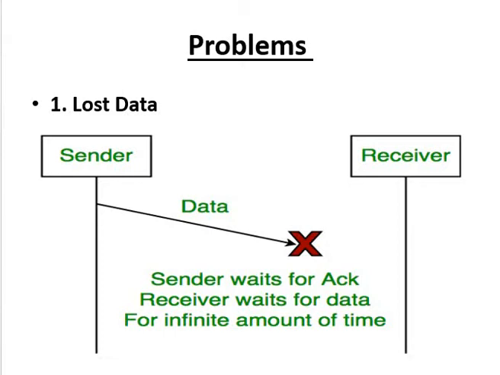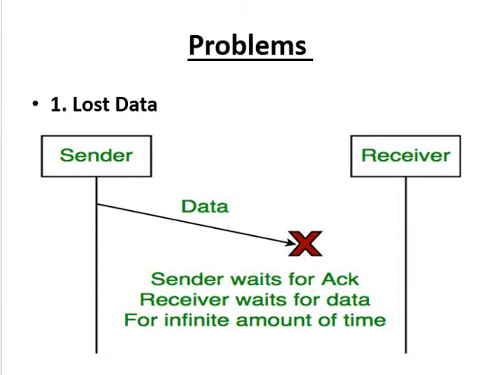Here sender and receiver are the two sides for the communication. Now sender sends the data. In between the transmission, the data gets lost due to some problem. Now the receiver will not receive the data. So sender waits for acknowledgement, and receiver waits for data for an infinite amount of time.